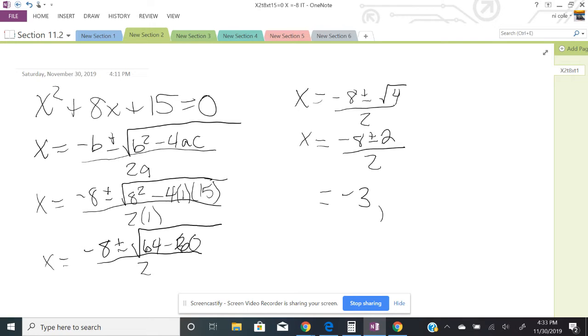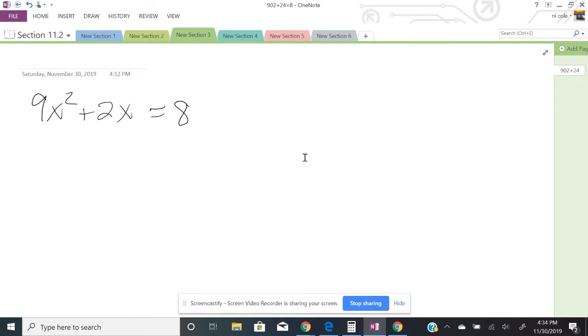And if I have negative 8 minus 2, that's negative 10, divided by 2 is negative 5, which is equal to my x's. Now you might say, I could have factored that really easily and found the answers much quicker. But the quadratic formula is used when you cannot factor. Yes, those numbers came out pretty, but they don't always.